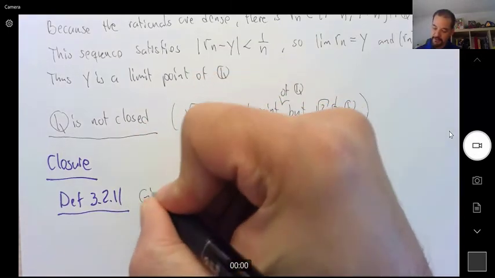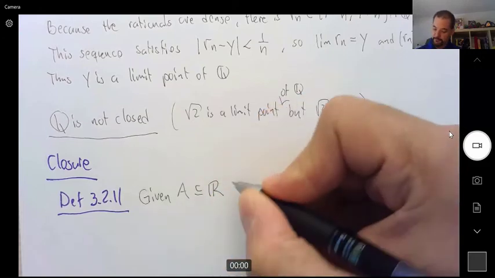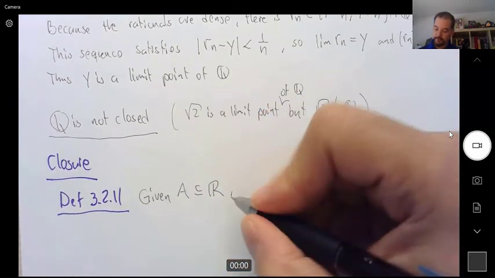If you have a set A, a subset of the real numbers, you can talk about its limit points.